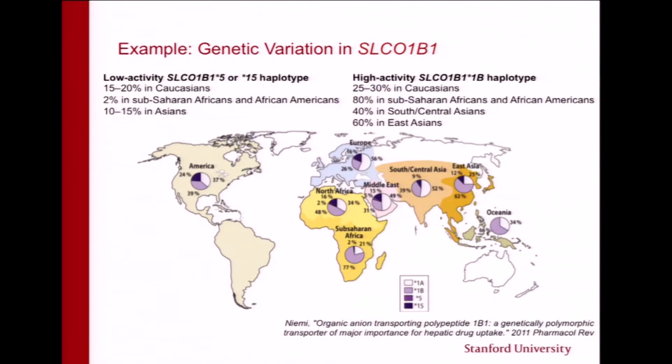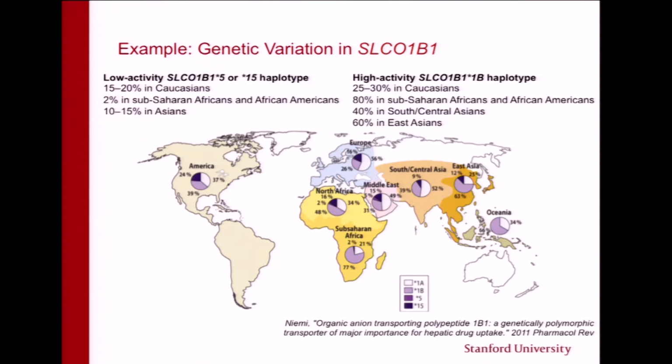So how big of a problem is this? If we look at allele frequencies throughout the globe, we can see that the frequency of these low activity star 5 and star 15 haplotypes are quite common, though the frequency changes in different populations globally. We can also see that high activity, the star 1b haplotype, is also very common, especially in sub-Saharan Africans and African Americans.